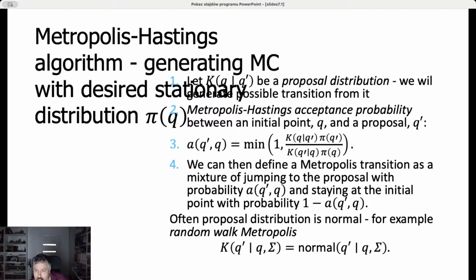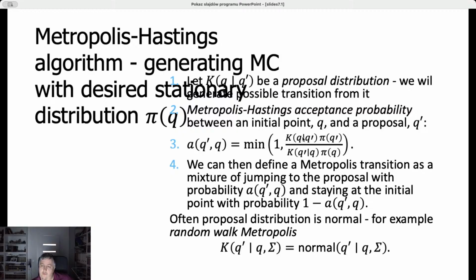Then we compute something called the Metropolis-Hastings acceptance probability, which is either one, if it's the minimal value, or the result of the following quotient.